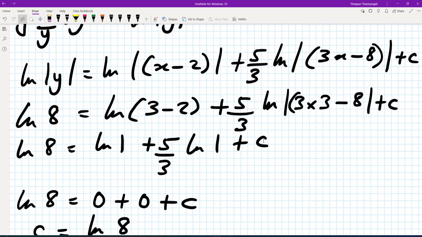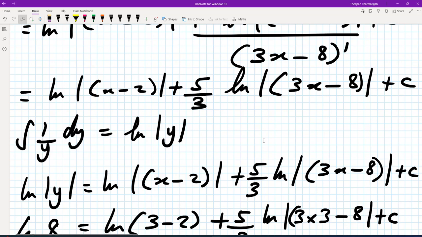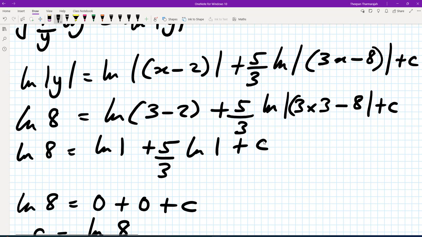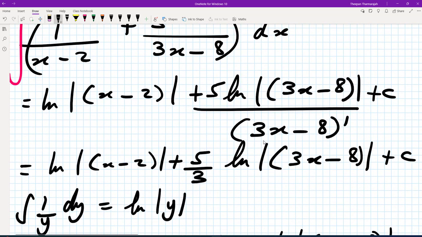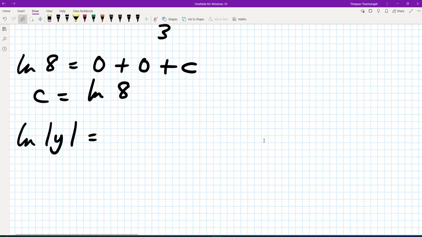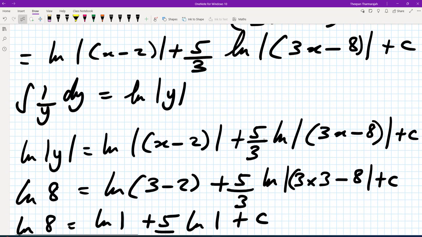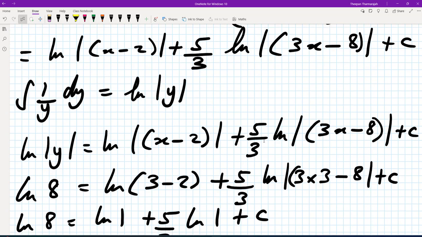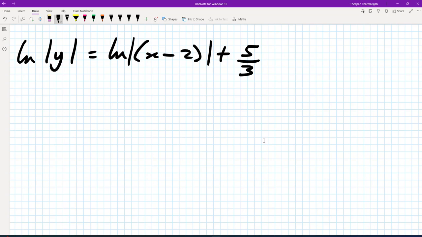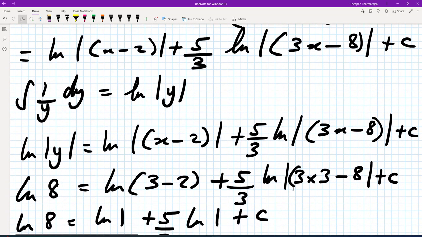We're going to write ln mod y equals ln x minus 2, don't forget the mod sign, plus 5 over 3 ln 3x minus 8.